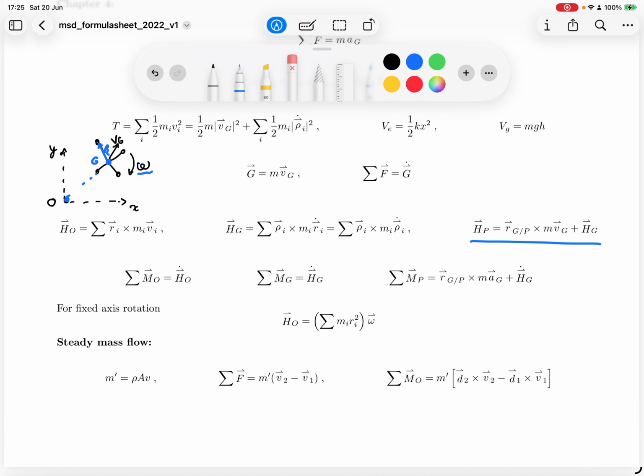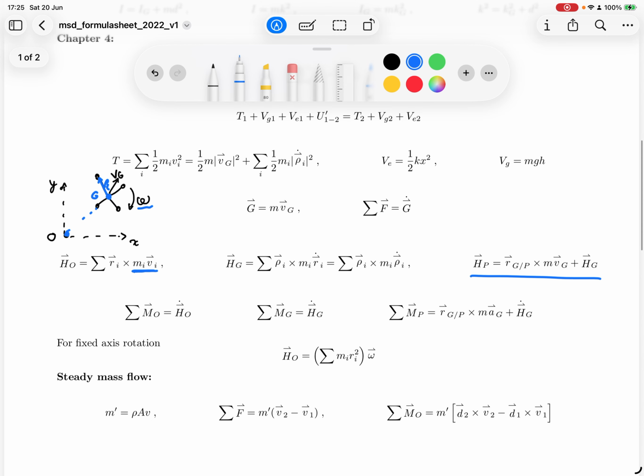okay, just gonna erase this. Remember that this over here gives you the momentum, right? And we discussed in the previous video that the momentum can be broken down into the sum of the momentums of each and every particle, which is what this equation gives us. Or we could say it's the momentum of the entire system.